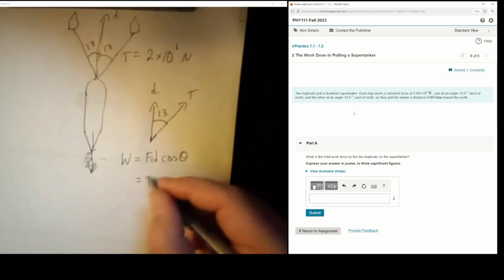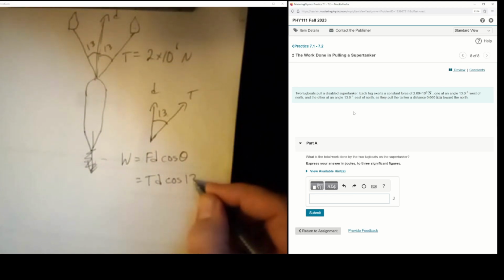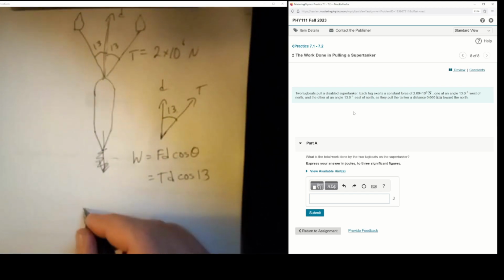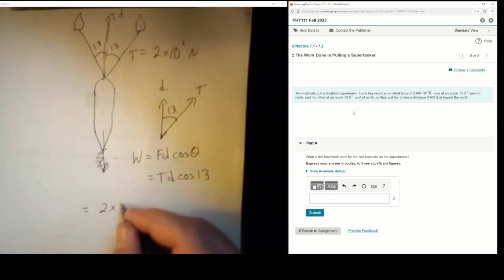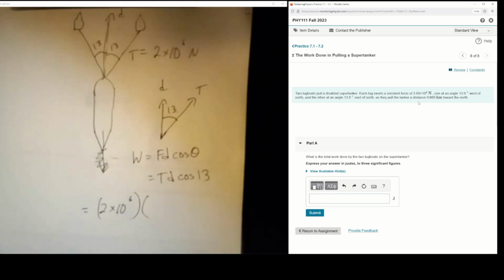So our force here is tension, we're pulling at some distance, cosine 13. And they're telling us the tension, it's 2 times 10 to the 6.